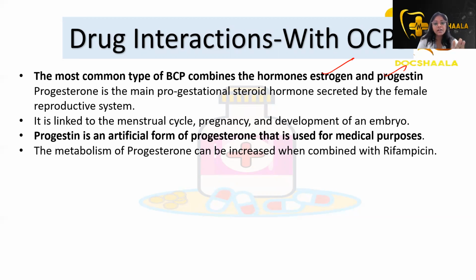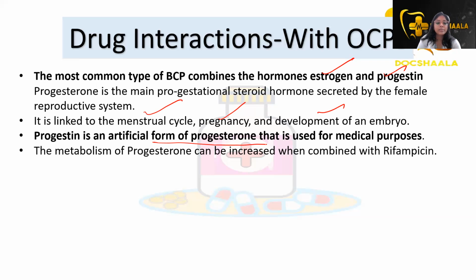Progestin is a steroid hormone, a form of progesterone. Progesterone is secreted in the female body, whereas progestin is something which we artificially created. Progesterone is linked to the menstrual cycle, pregnancy, and also development of the embryo. So progestin is an artificial form of progesterone.